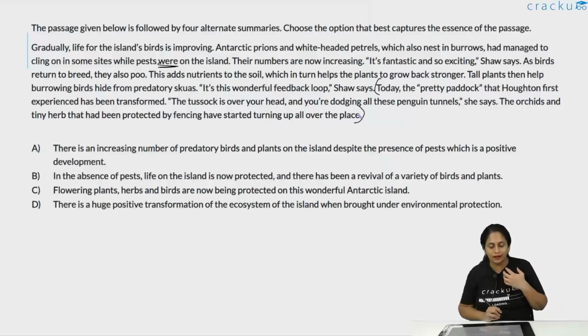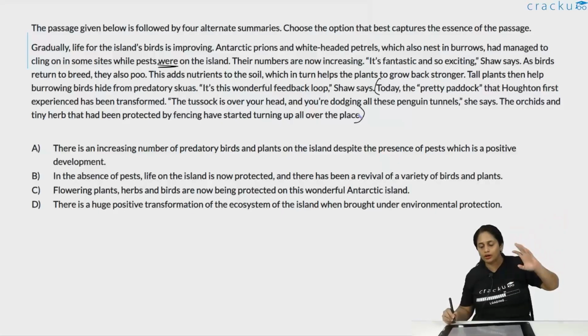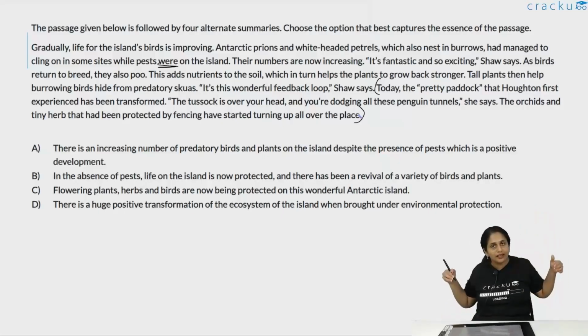So when you say the pretty paddock that Houghton first experienced, pretty paddock basically means there was a small growth area where there were not very tall plants or anything of that sort. Now Houghton says that the tussock is over your head, so the plants have grown very tall, and there are bird tunnels, penguin tunnels everywhere.